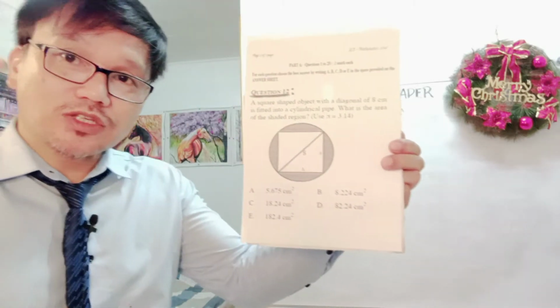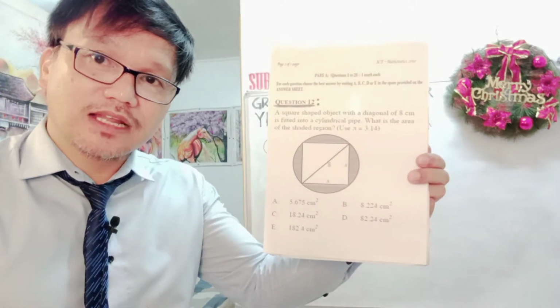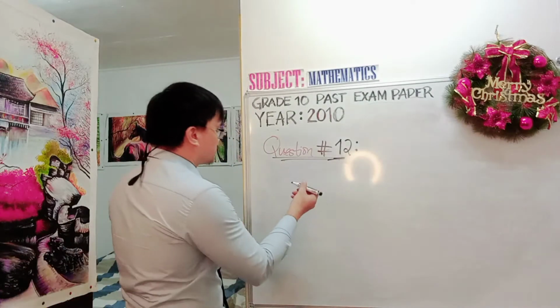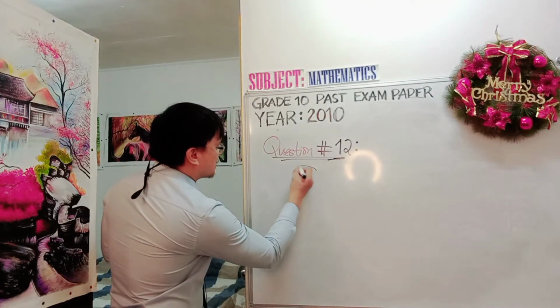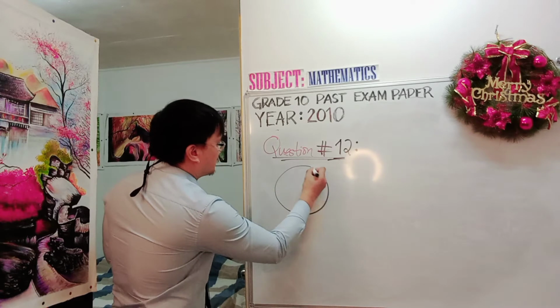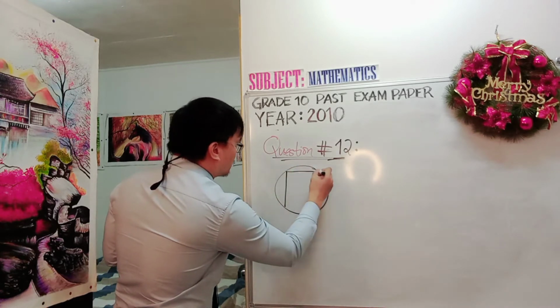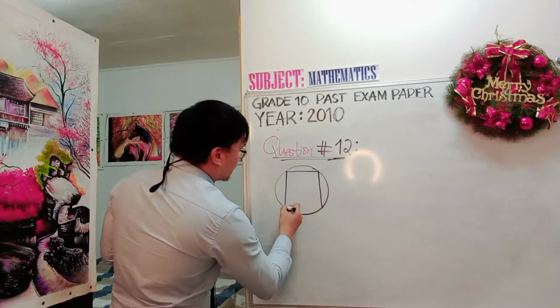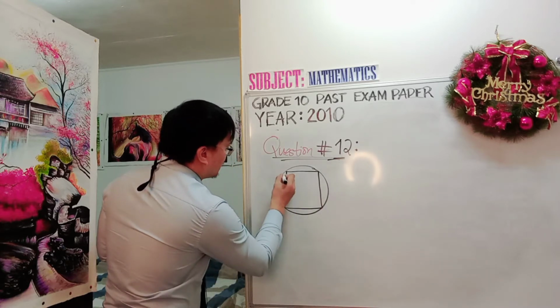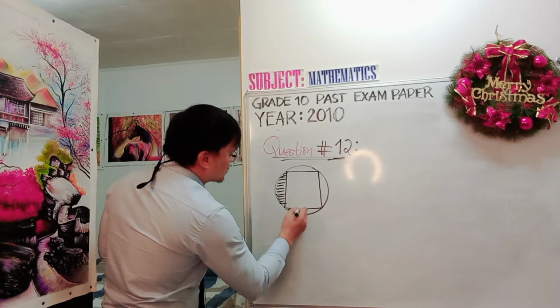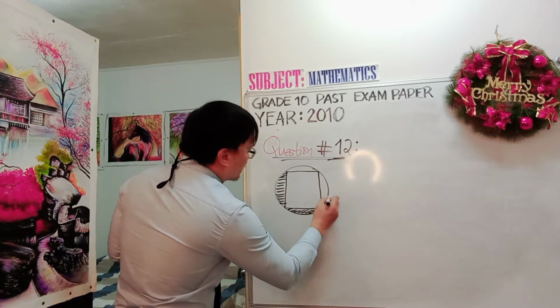Now, what you're going to do in your national exam is to redraw the diagram. So let me redraw the diagram. This is a circle, and inside that circle is inscribed or fitted a square, and you are asked to find the area of the shaded part.